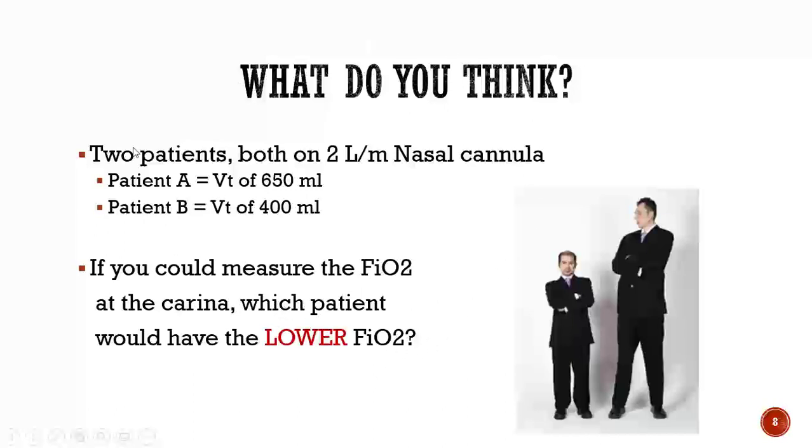All this is trying to show is that more than likely the patient with the bigger tidal volume is going to have a lower FiO2. This patient's inspiratory flow needs are higher than this patient's, and so they would be bringing in more room air to meet their inspiratory flow needs, thus diluting this 2 liters more than this patient would. And that's just, again, circling back to that low flow device definition.